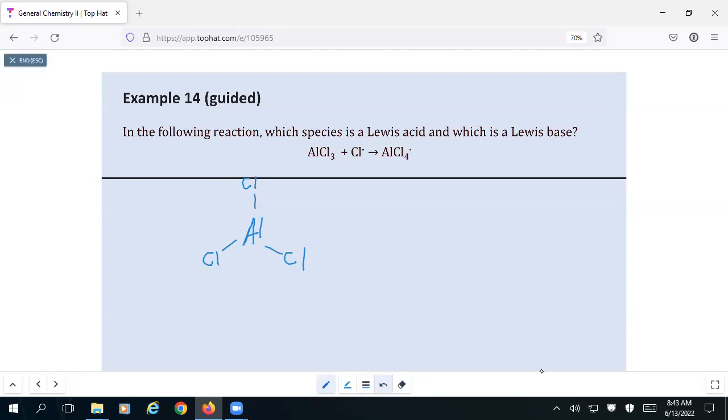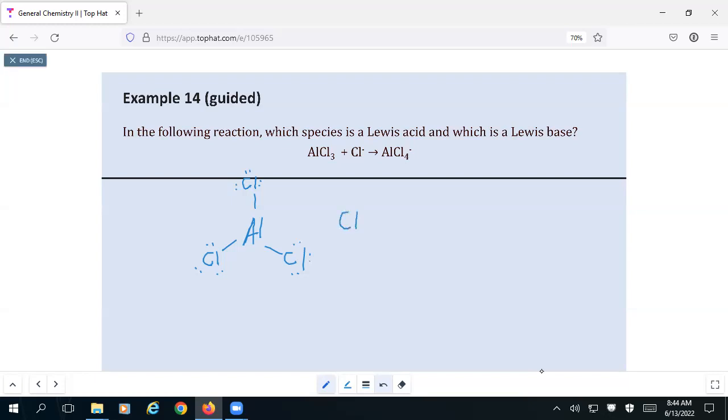But if we think of this as a covalent compound, and it is in a lot of ways covalent, what we will see is that similar to boron, we've got an aluminum here that is electron deficient. It's lacking electrons to fill its octet.